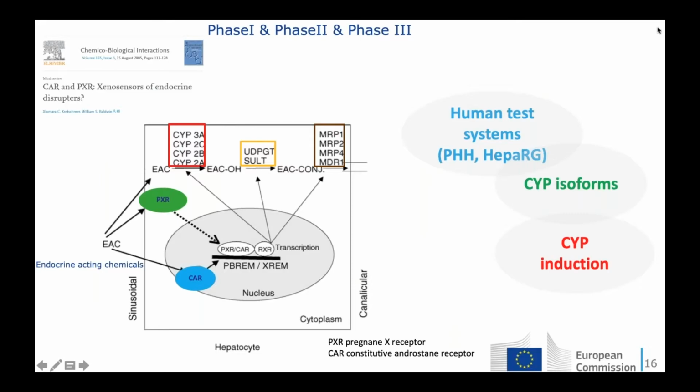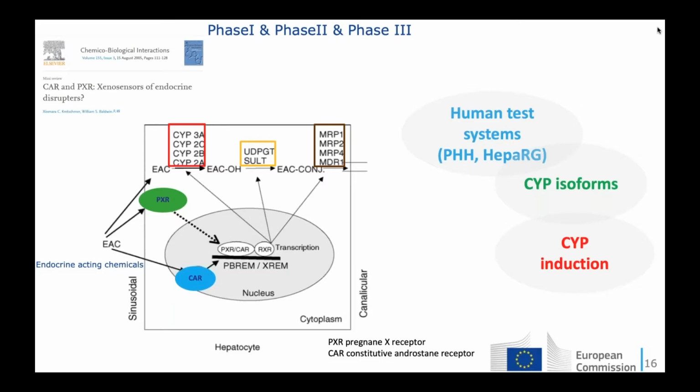So here you see a little bit of background on CYP induction. So basically, we know in the area of endocrine disruptors, which is an area for us at the Commission that is quite important because we have our community strategy on endocrine disruptors, you see that for endocrine acting chemicals, this underlying mechanism like CAR and PXR are playing an extremely important role in this area, not only for phase 1 biotransformation enzymes, but also for phase 2 biotransformation enzymes.